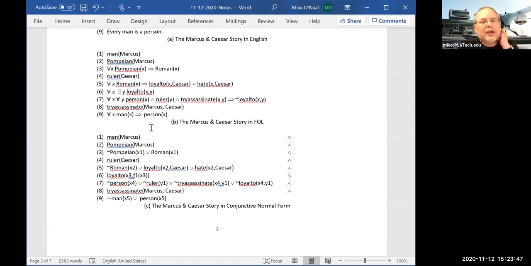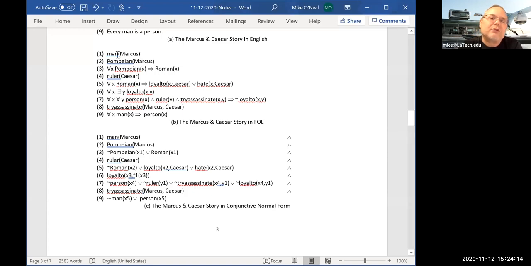Except for how we handle universal and existential quantifiers, you've seen all of this before. Basically, you take all of the statements and you connect them together by ANDs, and then each of the individual statements, you have to get into a form where they're all disjunctions, where all of the individual terms are ORed together. So we've done all of this.